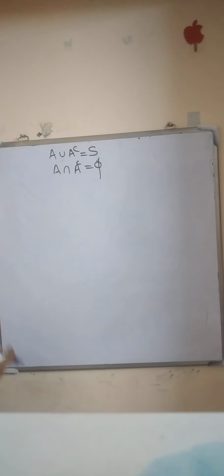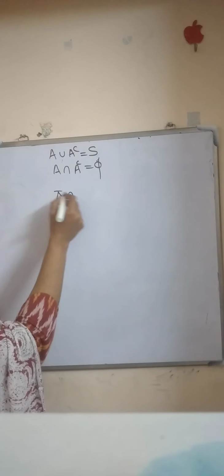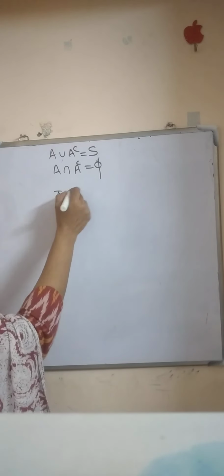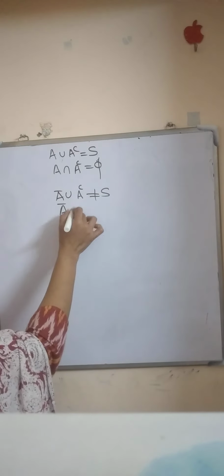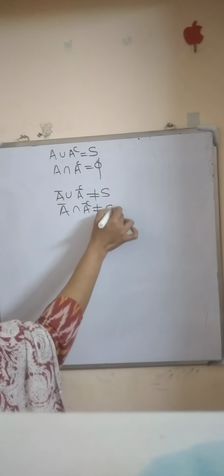But in fuzzy set, A bar union A bar complement is not equal to the sample space. Also A bar intersection A bar complement is not equal to the null set. So in many of the cases, fuzzy complements do not always have all the characteristics of crisp complements.